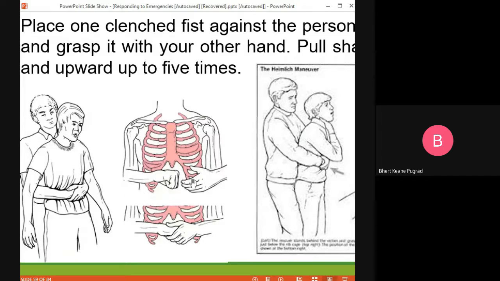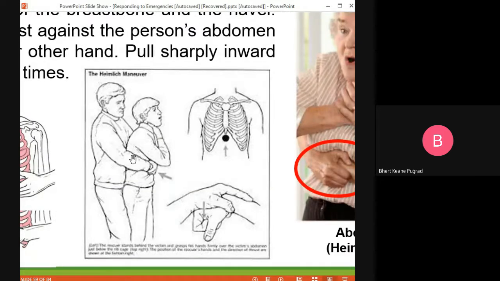And then, with your remaining hand, hold your clenched hand and deliver an inward and upward force, no?